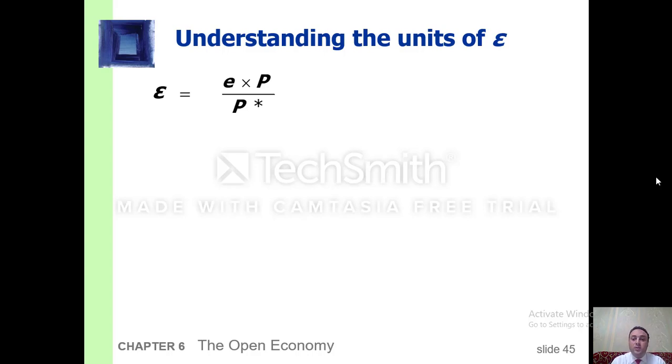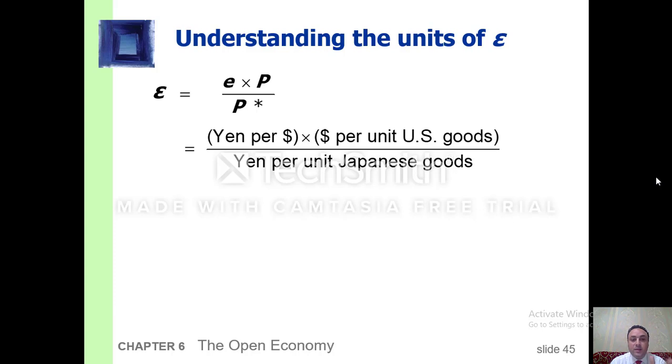How do we understand the units of the real exchange rate? The real exchange rate equals the nominal rate multiplied by P over P star. P is the home price, the price in the domestic country, and P star is the price in the foreign country.